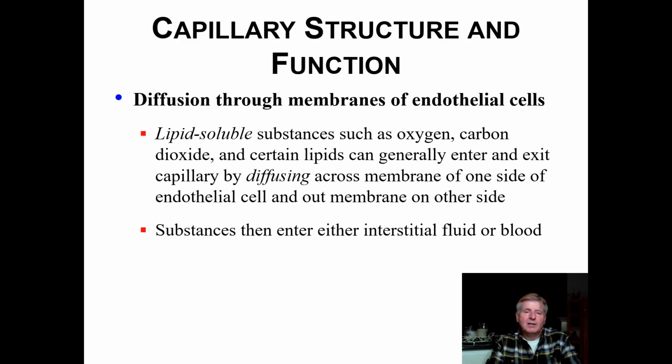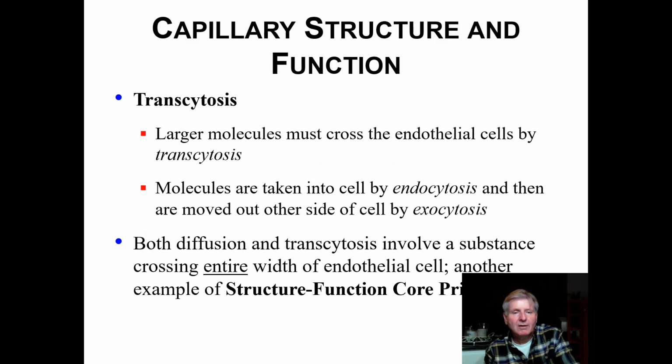Lipid-soluble molecules like oxygen, CO2, and lipids, those generally enter and exit the capillary by diffusing across the membrane on one side of the endothelial cell and then out the membrane on the other side. And then the substances either enter the interstitial fluid or the blood. The larger molecules have to cross endothelial cells by transcytosis.